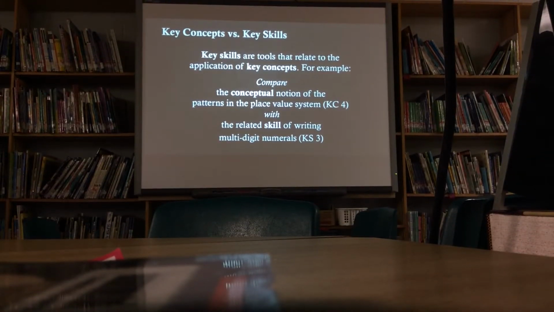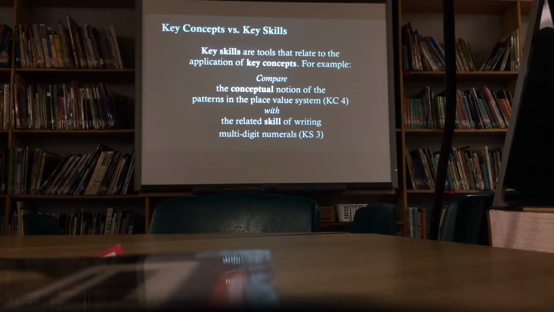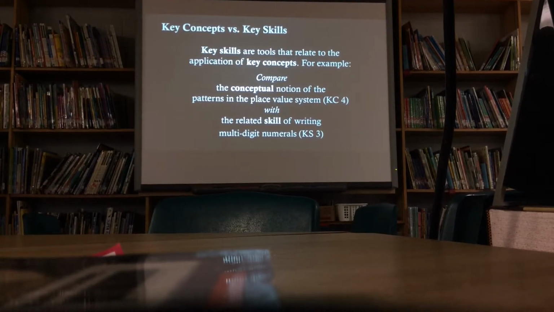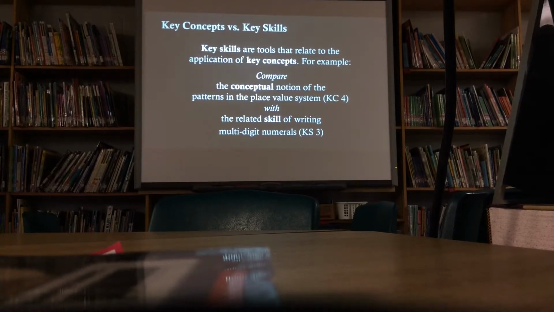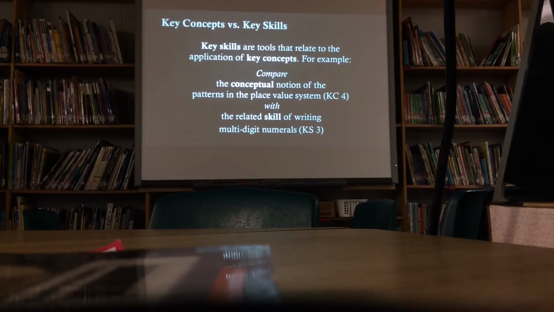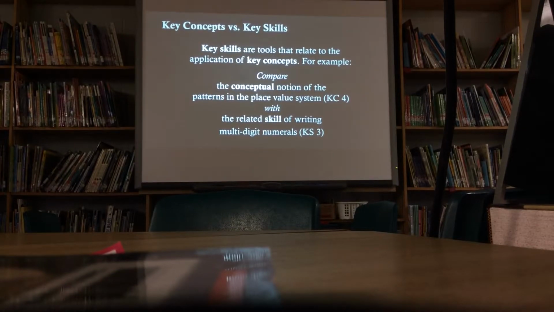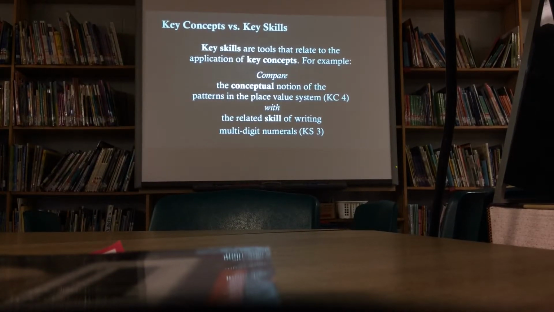Okay, so I just want to talk about these key concepts and key skills. So key skills are the tools that students use to help them work with the concepts. So in this case of number, the key skills students work on are counting, comparing numbers, and using conventional symbols to describe numbers.